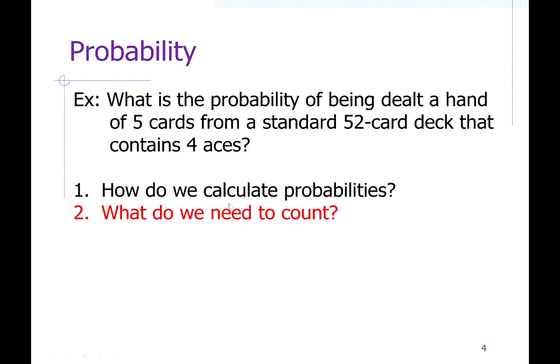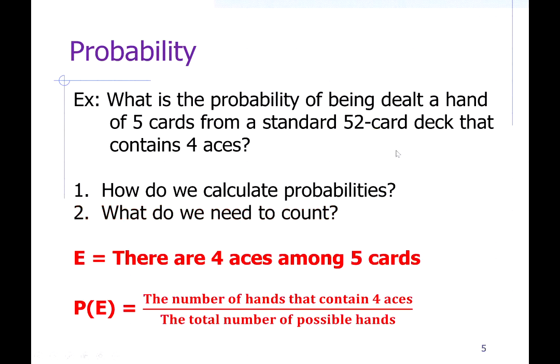Okay, so what do we need to count? Oh, we just went over that. So our definition of probability: the number of hands that contain 4 aces, and the total number of 5-card hands. So these are the 2 things we need to count.